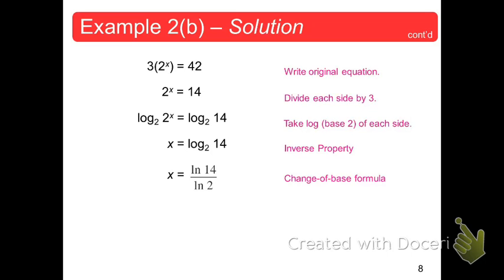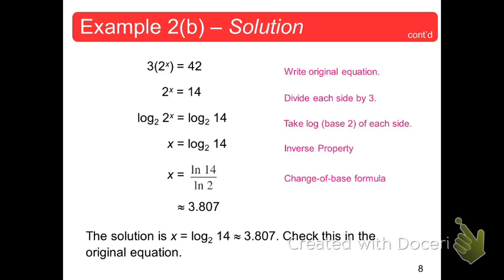Then we use our change of base property, and we get natural log of 14 over natural log of 2. Simplifying using our calculators, we'll get 3.807. We can check this in the original equation, but for exponential functions it's not so important to us because we know we can raise an exponential to either value.